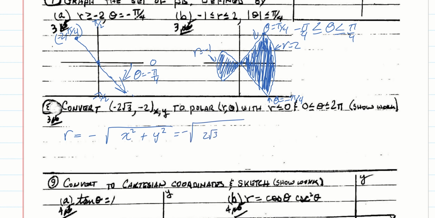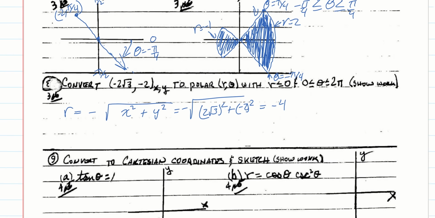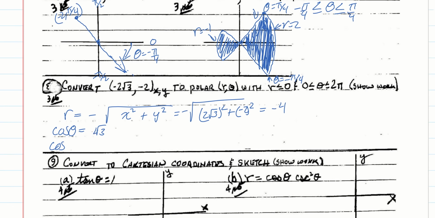And then we need to find our theta, which is dependent upon our x and y. So we look at cosine theta, which equals x over r, so it would be 2 square root 3 over -4. I messed up anyways, so we got square root 3 over 2.